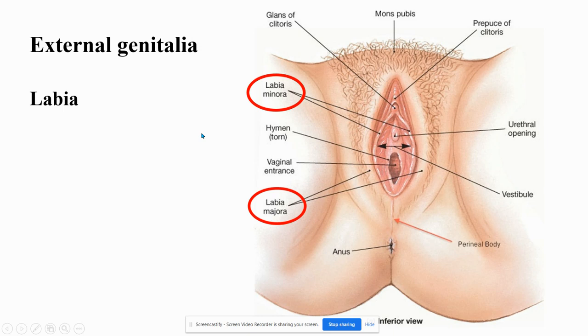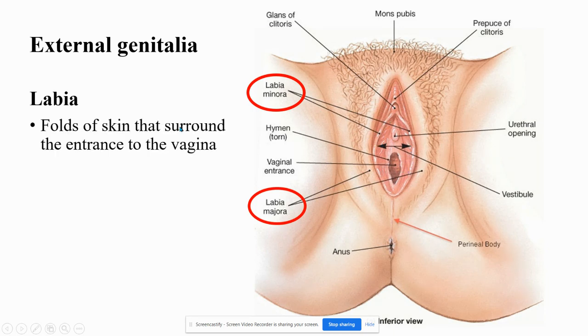So starting with the labia, females have 2 sets of labia. They have a labia majora, which are these outer, thicker, fattier folds. And then they have the labia minora, which are these tiny, thin little folds. Both of them are folds of skin that surround and protect the entrance to the vagina. So this would be the vaginal canal, the opening to the vagina.